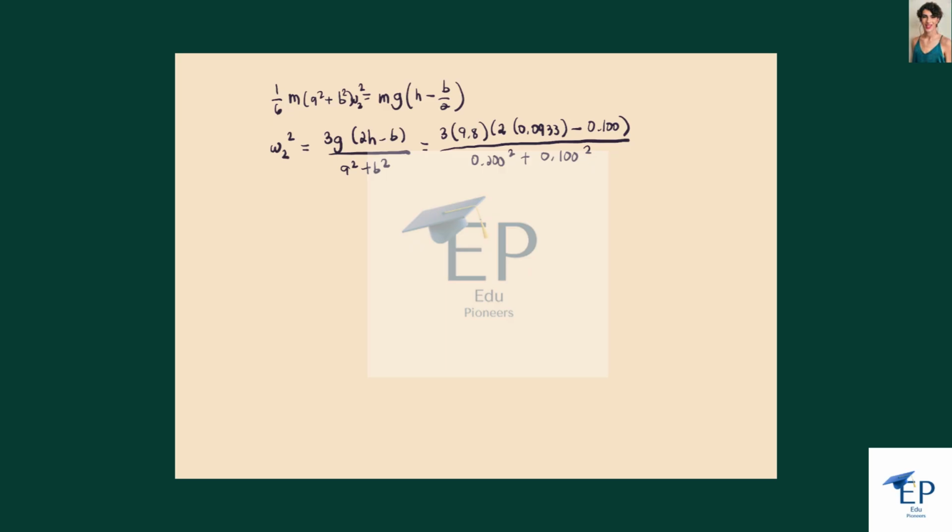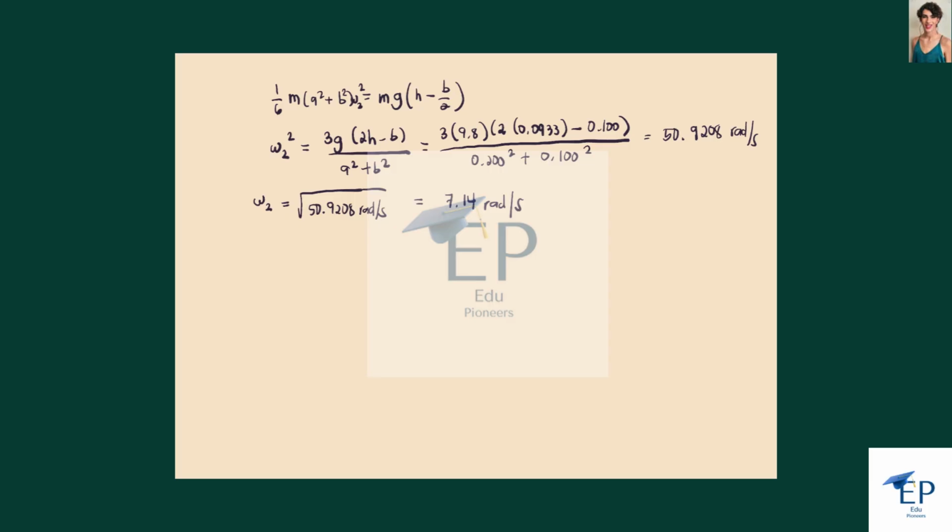So omega 2 squared would be equal to 50.9208 radians squared per second squared. Then getting the square root, omega 2 is equal to the square root of 50.9208, so it will be equal to 7.14 radians per second.